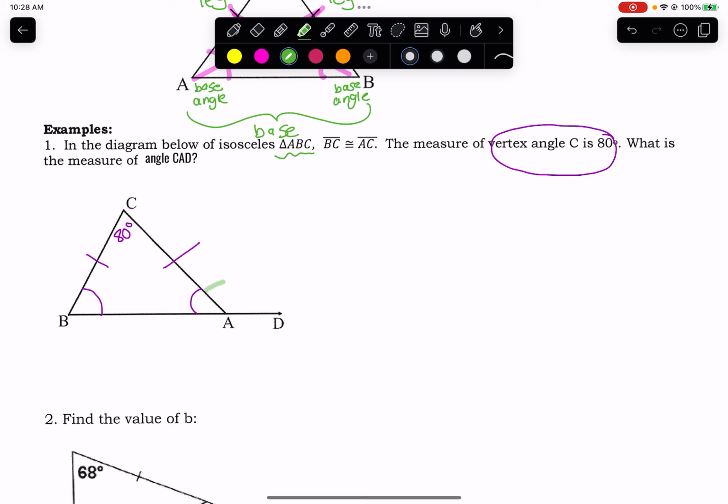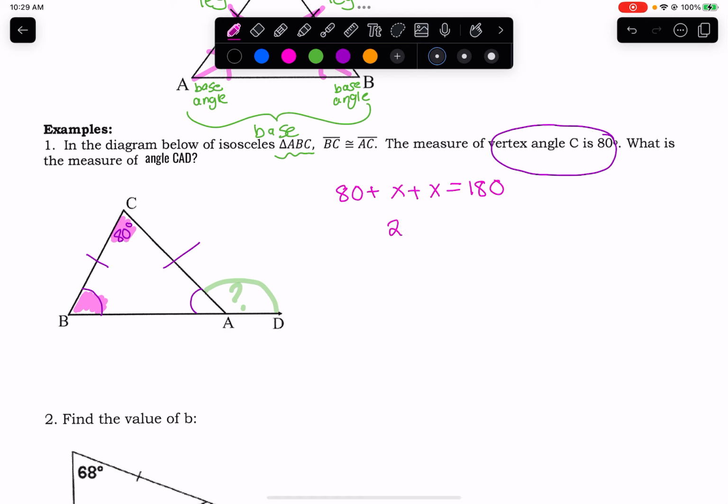So now they're asking me about the exterior angle. Well, I know that my exterior angle is equal to the sum of my 2 remote interior angles, but I don't know what my second remote interior angle is. But I know that the sum of angles in a triangle must add up to 180 degrees.